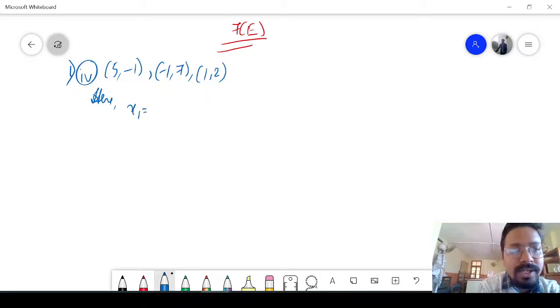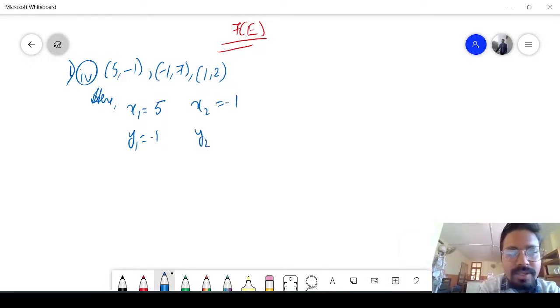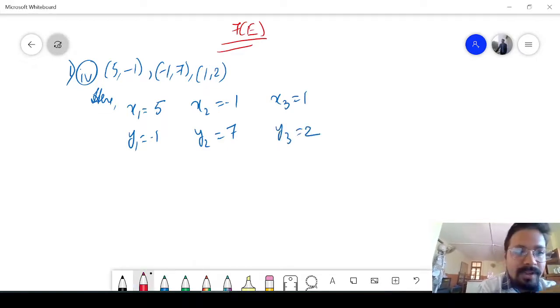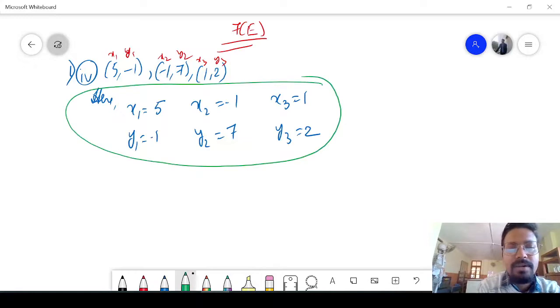Which one is x1? x1 is 5, y1 is minus 1, x2 is minus 1, y2 is 7, x3 is 1 and y3 is 2. So this is our x1 y1, x2 y2 and x3 y3. This part you can write so that it becomes easier for you.